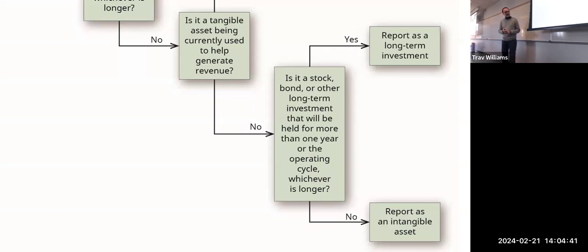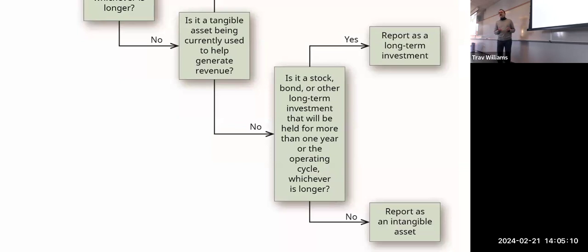What would be some examples of intangible assets? Copyright? Yes, copyrights, trademarks, patents are all examples of things that you can own that have value, but you can't touch them, they're not tangible.